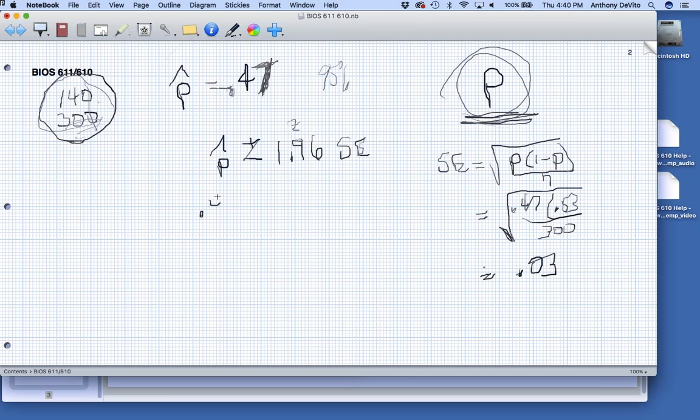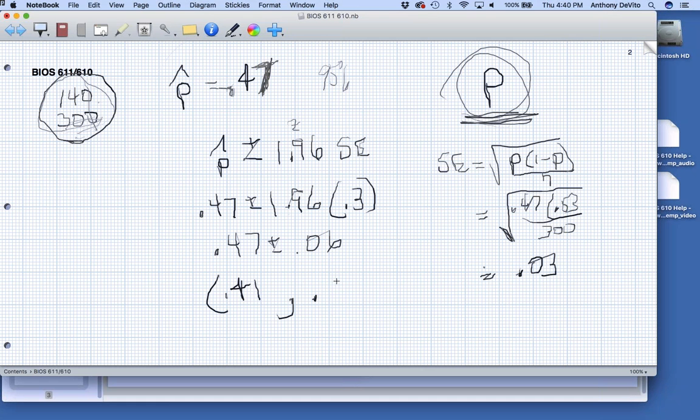It's going to be 0.47 plus or minus 1.96 times 0.03. So 1.96 is roughly 2 times 3 is 0.06. So it's 0.47 plus or minus 0.06, which means that my 95% confidence interval is 0.41 to 0.53, right?